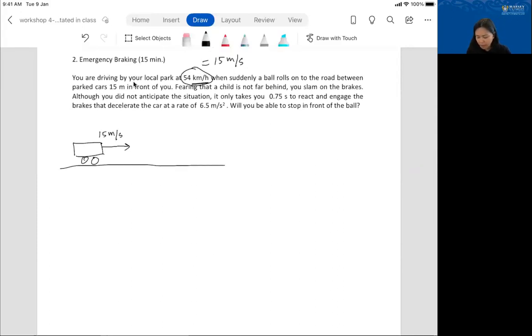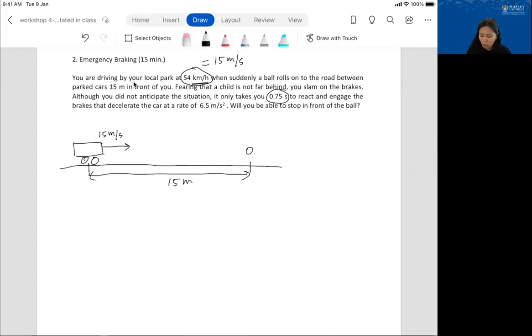And then 15 meters away, a ball appeared out of nowhere behind the parked cars. So that's 15 meters away. You slammed on the brakes, but you didn't slam on the brakes immediately. You had 0.75 seconds of reaction time. So you only slowed down after 0.75 seconds.